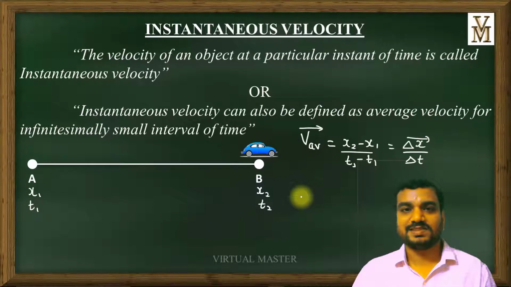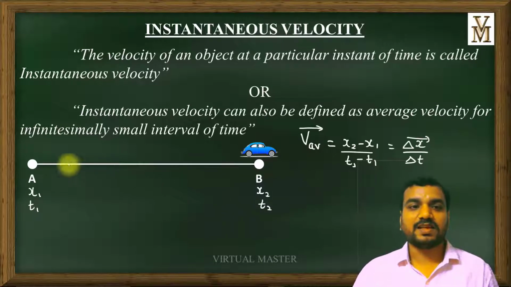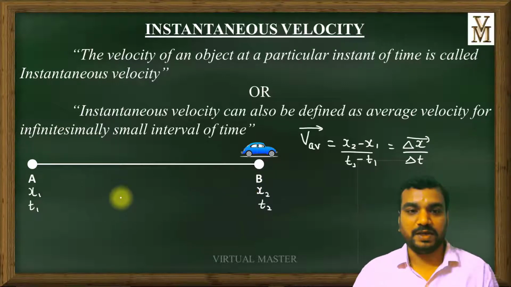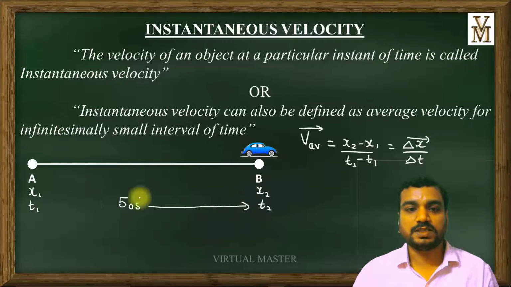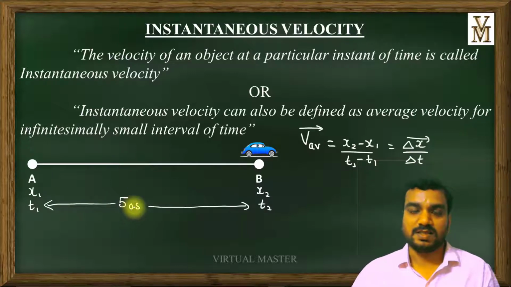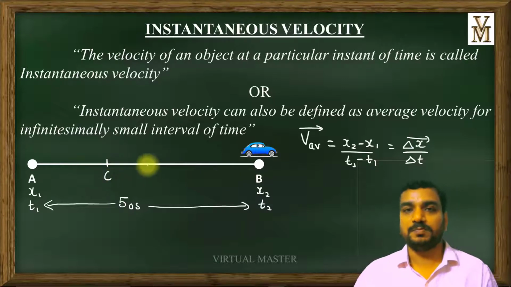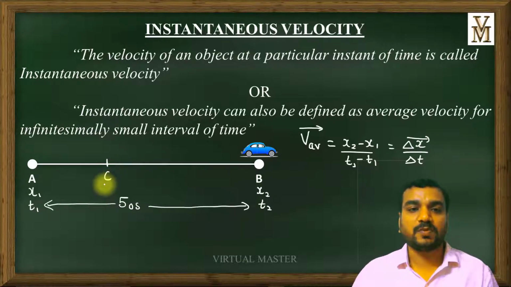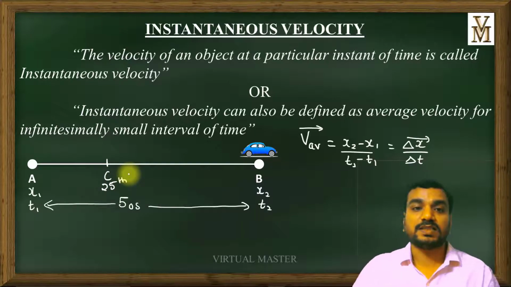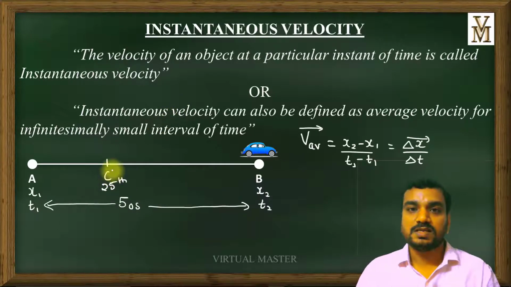Let us assume that the car is taking 50 seconds to reach point B from point A. So delta t is nothing but 50 seconds. Let us assume one point C in between the path A and B, and the car reaches point C at the 25th second.